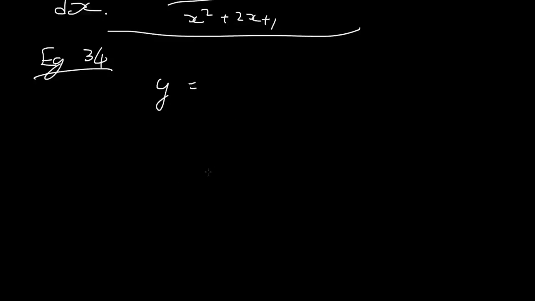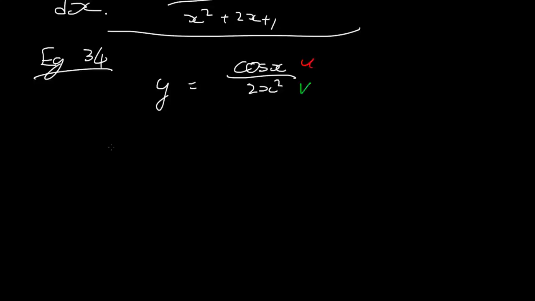So let's do if y equals cos x over 2x squared. Okay? So once again, you can see it's a function over a function because it's a trig function over a polynomial function. So let's call this u and this v.